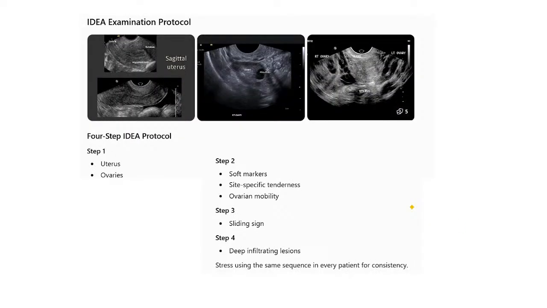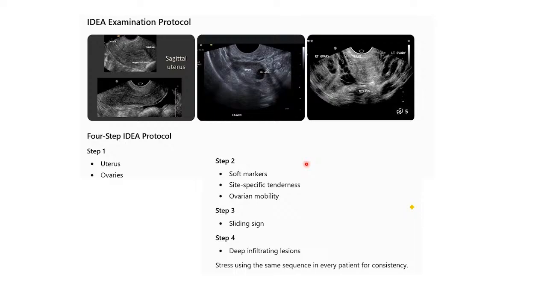So the IDEA examination protocol. Here is the protocol. There are basically four steps that you are supposed to do when you are doing the IDEA protocol. The first step is you have to check the uterus and the ovaries.